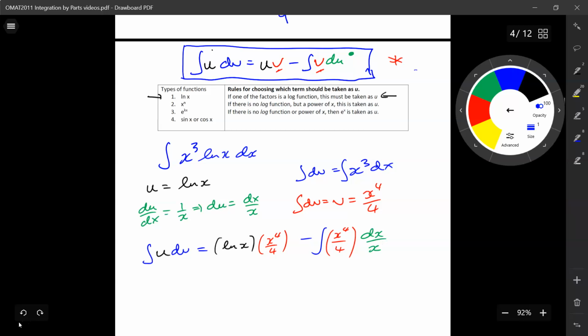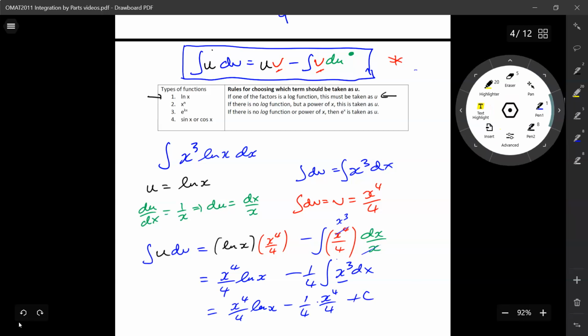So if we tidy it up, we can bring the x to the power 4 divided by 4 to the front, multiply by the log of x, minus, I can take the quarter out here, and just to be aware we have an x underneath here that cancels with v, so we have x cubed. So it's the integral of x cubed dx. This is equal to x to the 4 over 4 log of x, minus a quarter times the integral of x to the power 3, which is x to the 4 over 4, plus our constant integration.